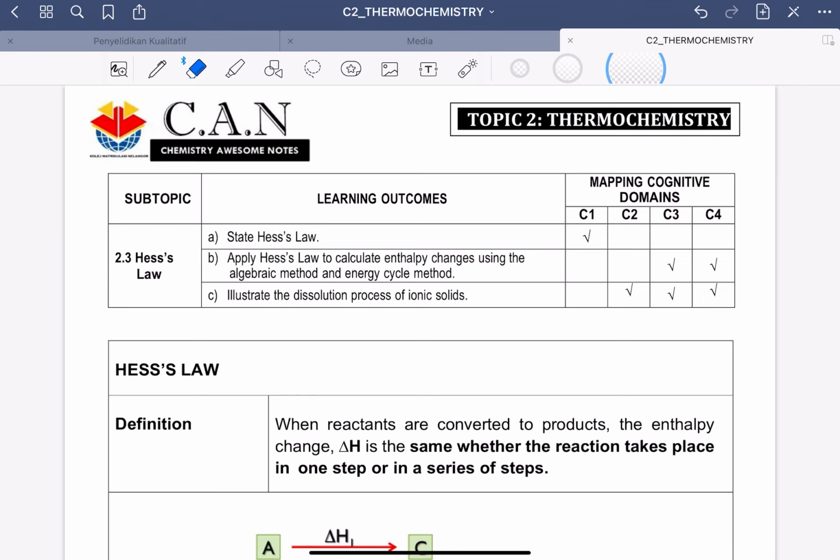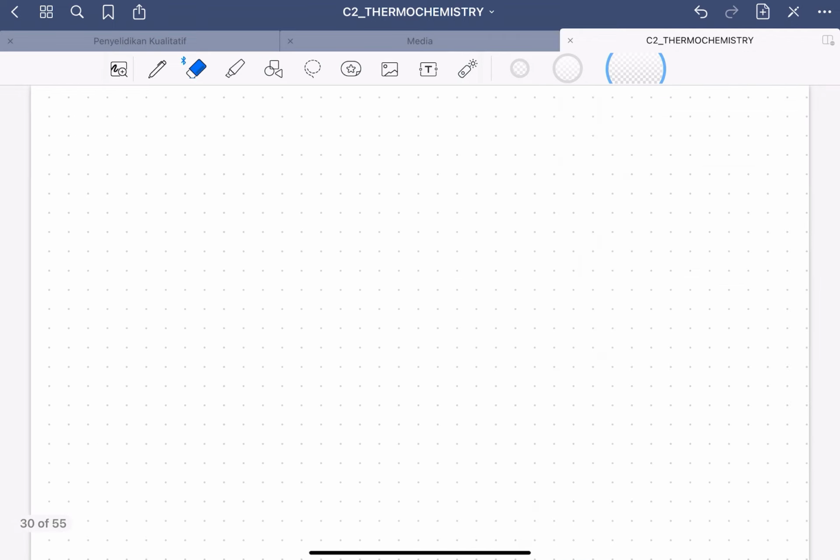How to really understand this statement? Actually it is easy. Now let me illustrate to you.